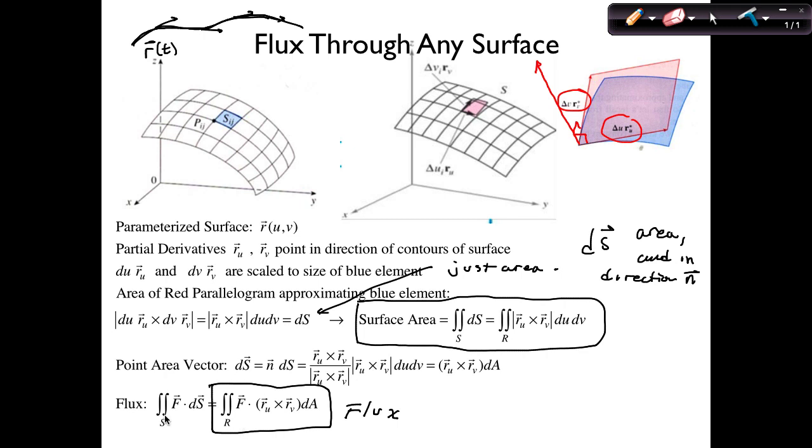Right. So S is that surface in R3, just as its own. But when it comes to actually integrating it, we have to transform that into the variables of u and v. So R is like that surface projected into the uv plane.